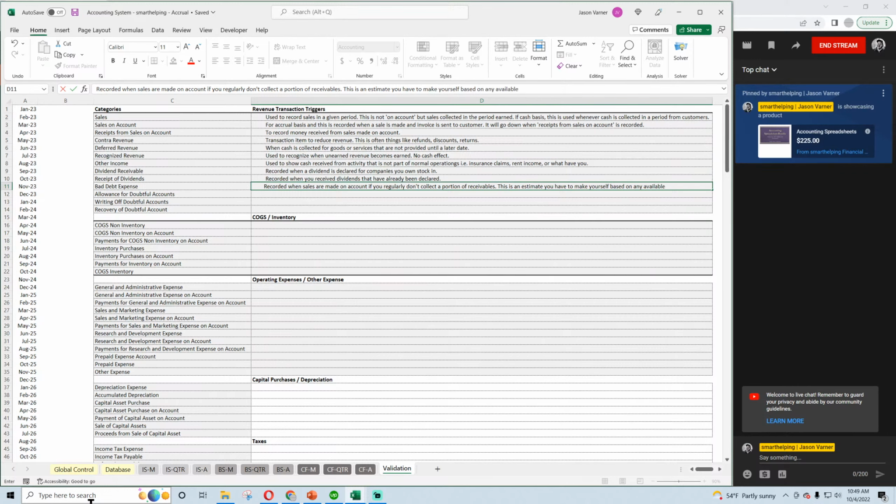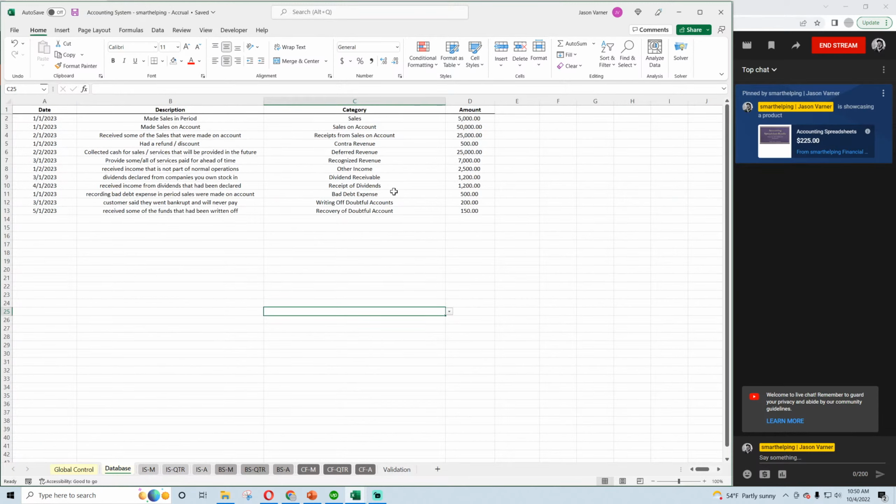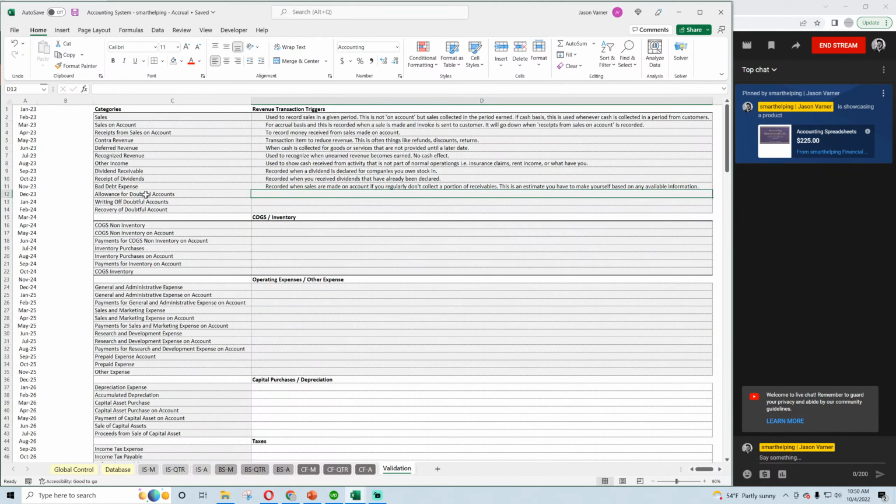Any available information you have. So this is to allowance for doubtful accounts. I don't actually think we need, no, because bad debt expense automatically affects it, and then writing off. We actually don't need this entry here, so we can delete this.